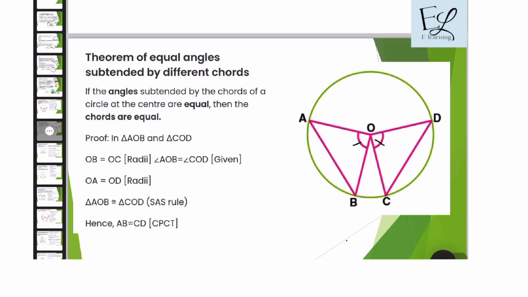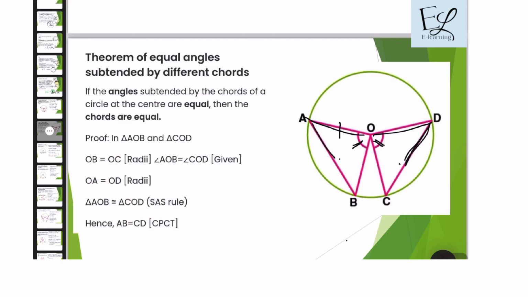It is given to you, and now you have to prove that this AB will be equal to this CD. The chords are equal, you have to prove, and you have been given that these angles are equal. Now we'll apply the same radius. Look at this, AO and OD. We will take these two triangles to prove the congruency.